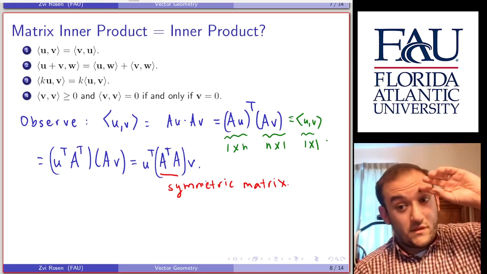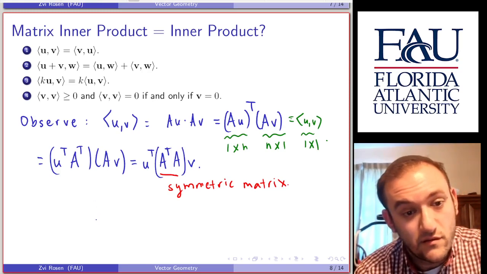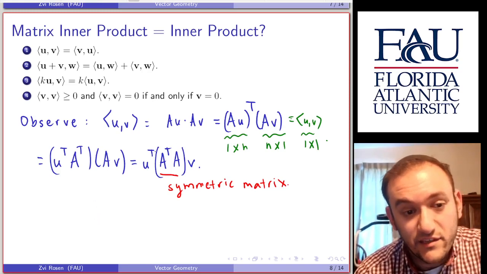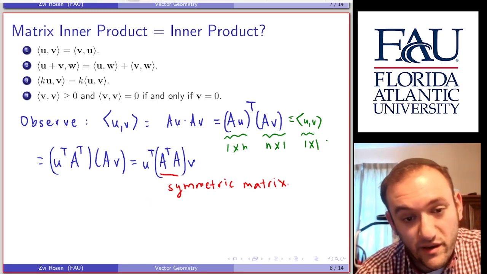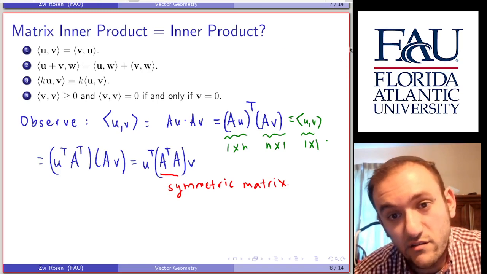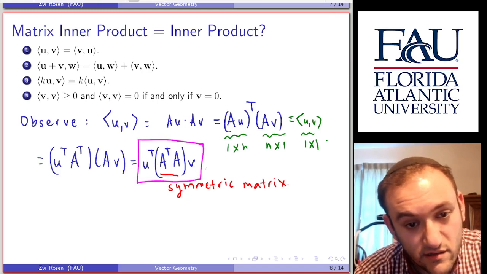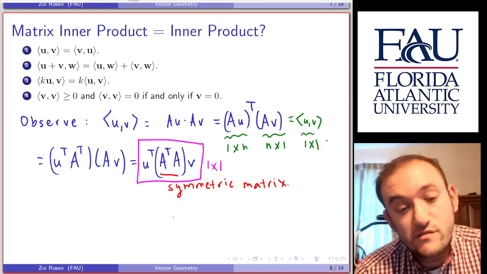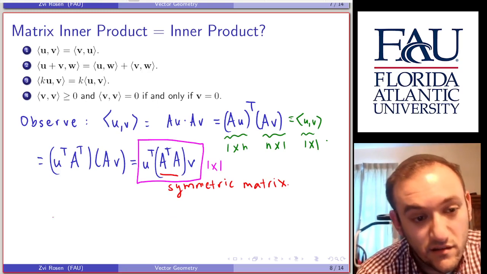Okay, and so one thing I can do to this whole product is to take the transpose. We know the full product will be a 1 by 1 matrix. So that means that if I transpose the whole thing, I should get the same thing back.